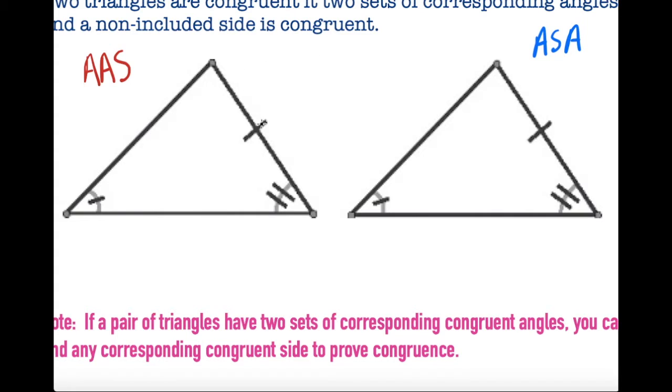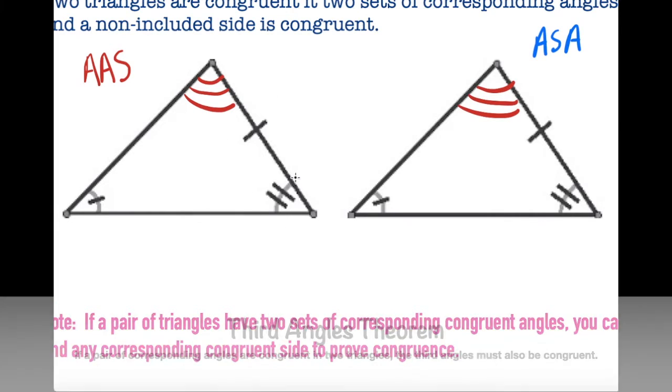Well, something we discussed back when we talked about the definition of congruent polygons was that if any two triangles have two congruent angles, then by the third angles theorem, the third angles must also be congruent. So if you know that you have a pair of angles in a triangle congruent that correspond, the remaining third angles must also be congruent to each other by the third angles theorem.